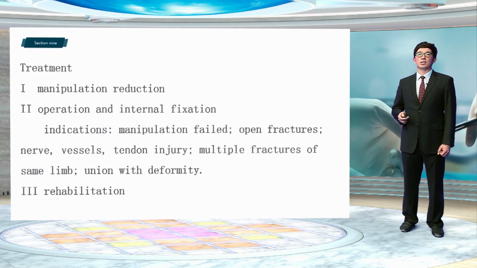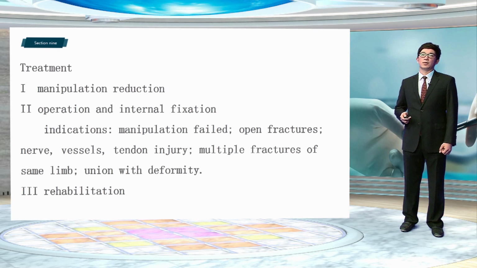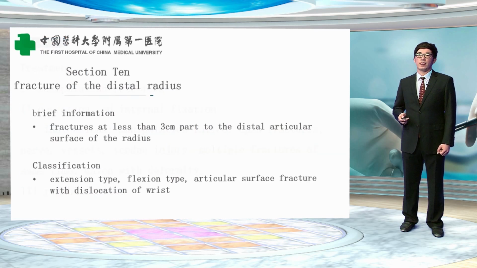For treatment, we can do manipulation reduction. The second is operation and internal fixation. The indications include failed manipulation, open fractures, nerve, vessel and tendon injury, multiple fractures of the same limb, and union with deformity. The third is rehabilitation.